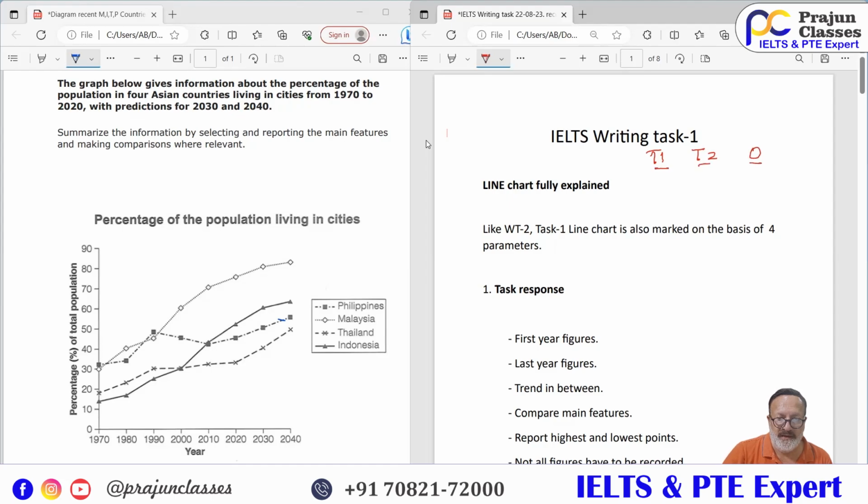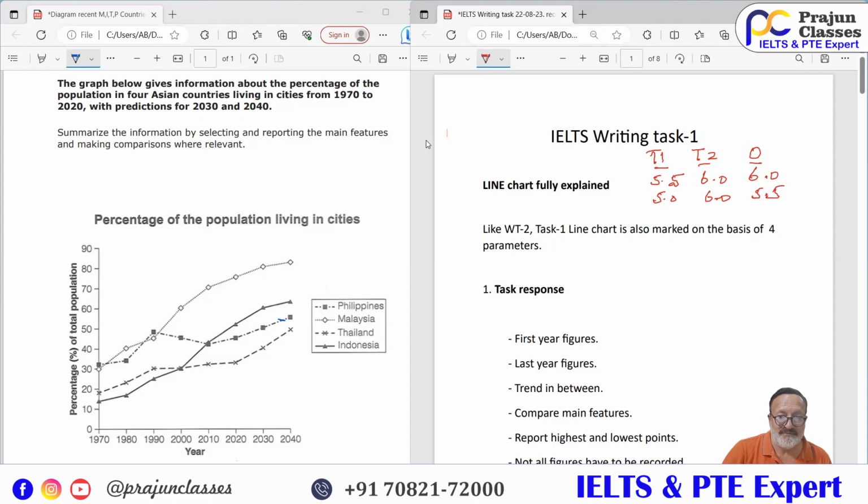So if you get task 2 6 bands, and if you get 5.5 in task 1, your overall will be 6. But if this is 5 and this is 6, then your overall will be less, 5.5.